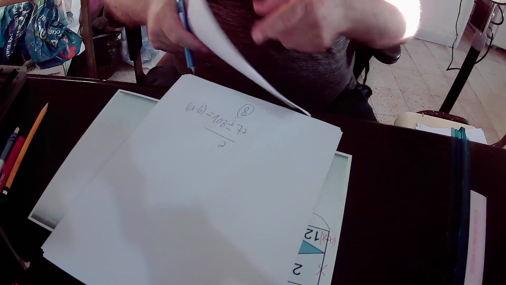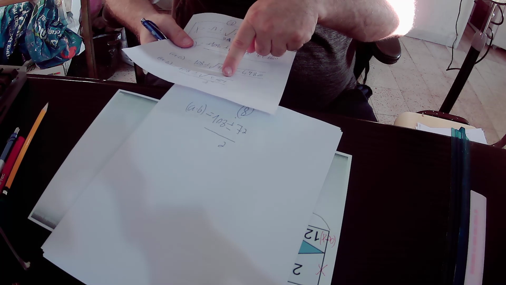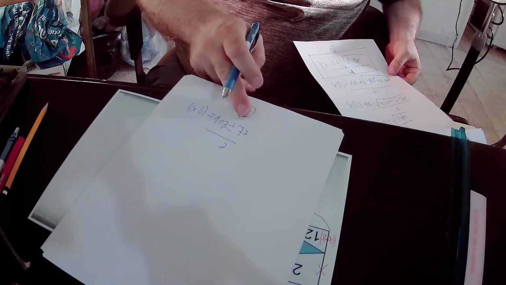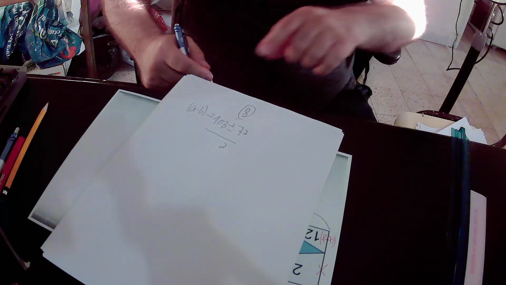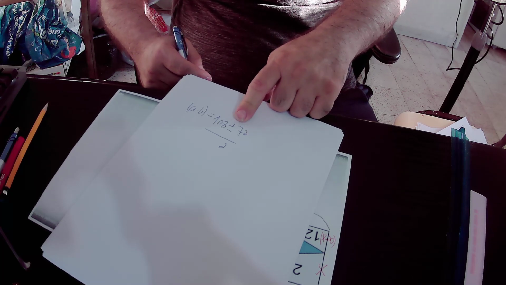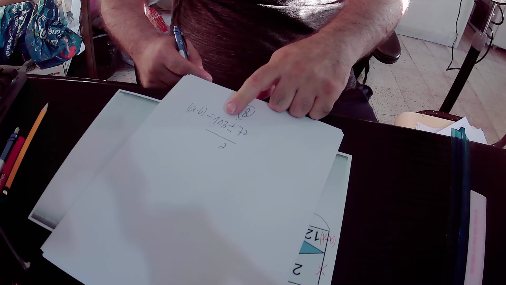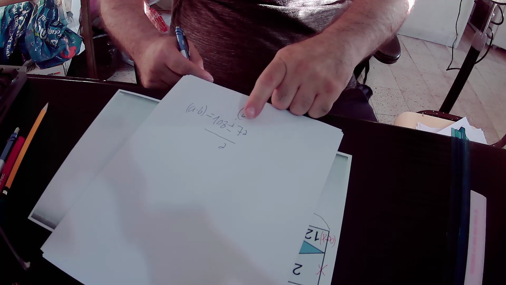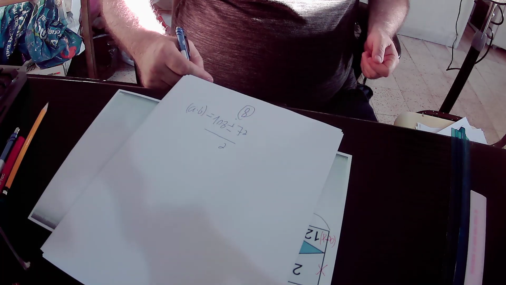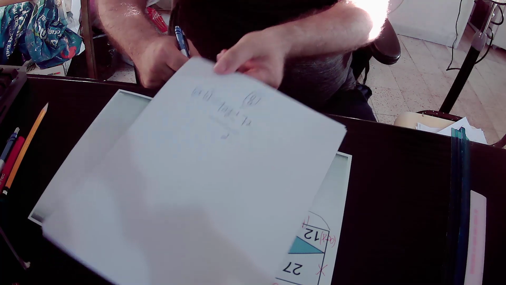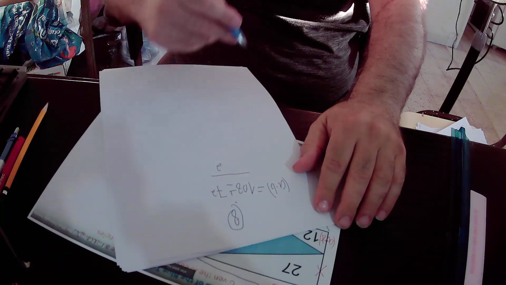I repeat again, the root of 5,184 equals 72, so we have 108 plus minus 72, so there will be two different answers. 108 plus 72, and then 108 minus 72. First of all, 108 plus 72 is 180.